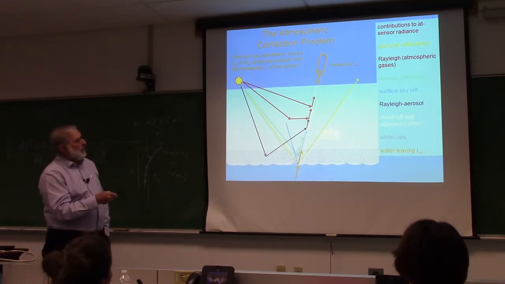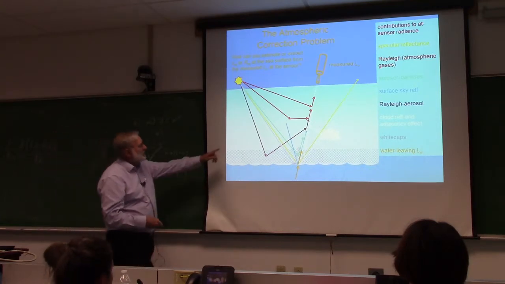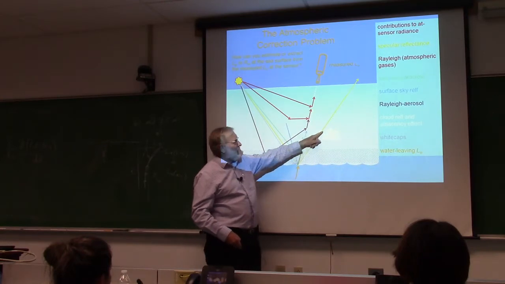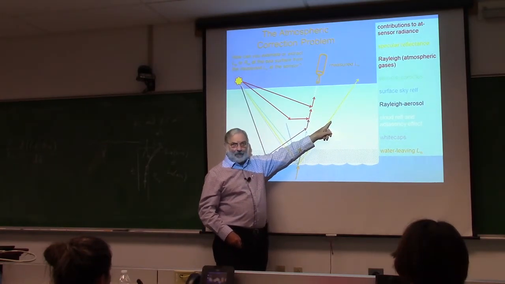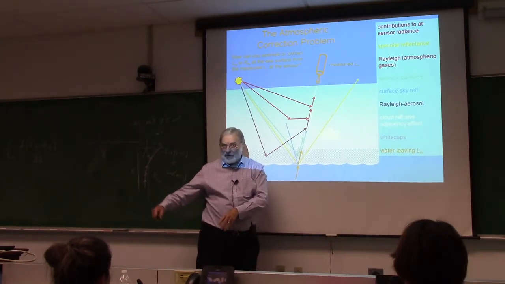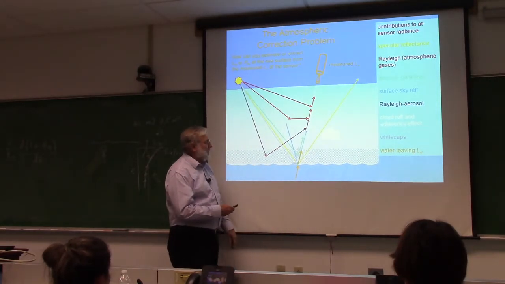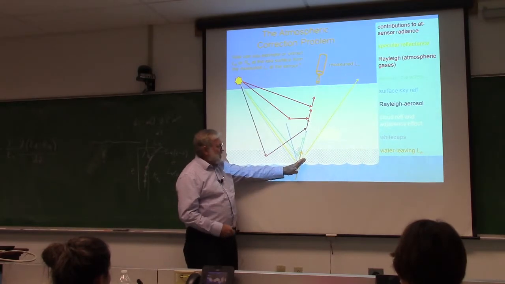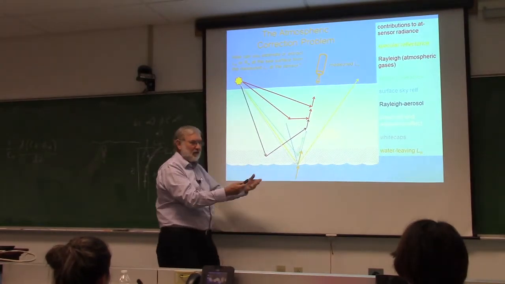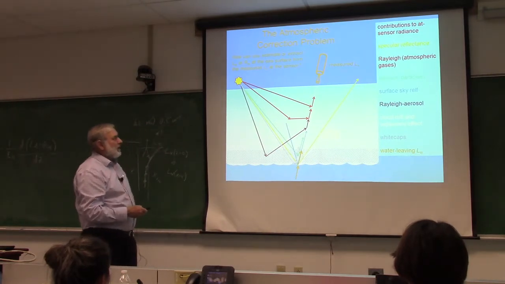Then there's specular reflectance from the sea surface, shown in yellow. So that's going to hit the surface and bounce off. And you do your best to avoid that by simply not looking in the direction that will give you a lot of specular reflection. But there will always be the occasional wave facet that's tilted just right to give you at least a little bit of specular reflection.